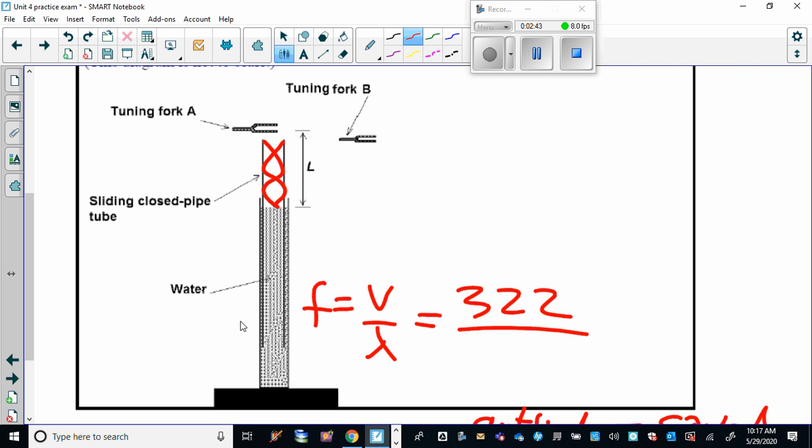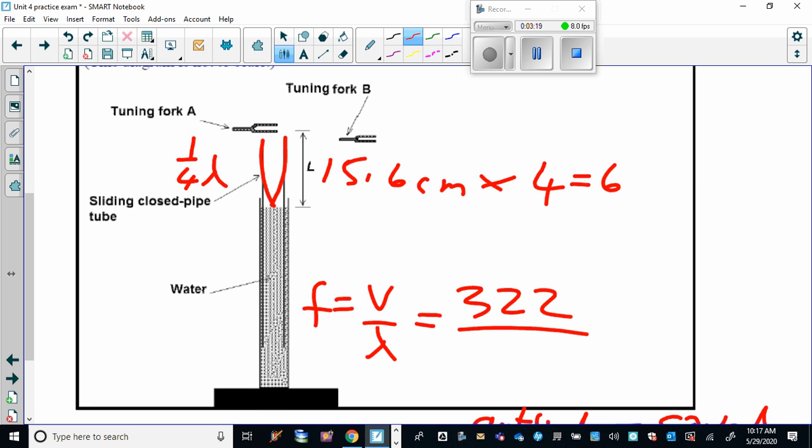So let's go back up to here. If that's the shortest length, the question is how much of a wavelength is that? And we should know for closed pipes, the shortest length that will produce an antinode at the opening is 1/4 of a wavelength. And if 1/4 of a wavelength represents 15.6 centimeters, then a full wavelength is that times 4, so that equals 62.4 centimeters.